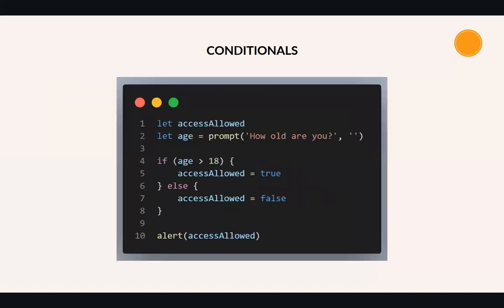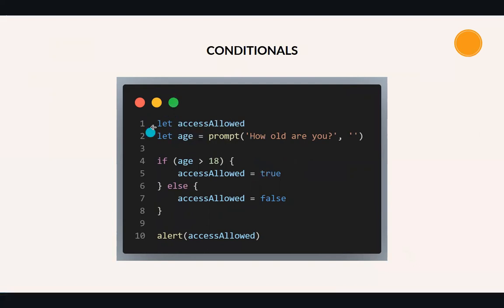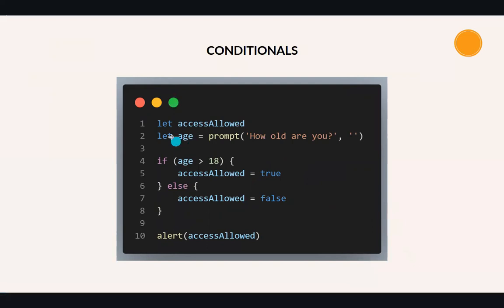Okay, I put this example there. For example, we can declare a variable, access allowed. What we want to check is that if somebody is 18, then allow them access. If they are less than 18, deny them access. First we can ask the user, how old are you? Based on the age they enter, if their age is greater than 18, we can allow them access.